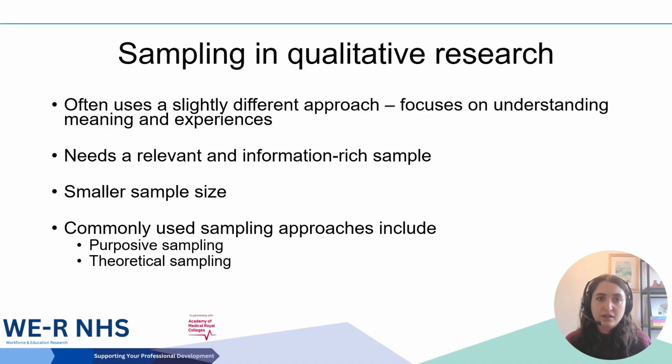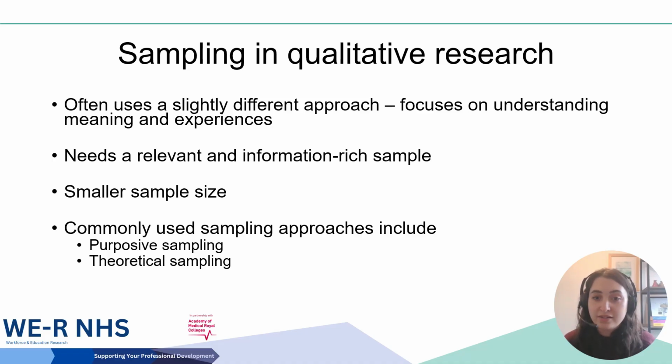In contrast, theoretical sampling is a more flexible sampling strategy where data collection and analysis happen at the same time. Decisions about who to sample next are shaped by your ongoing data analysis, and this is based on perhaps emerging concepts or theories which you're identifying as you start to analyse your data.